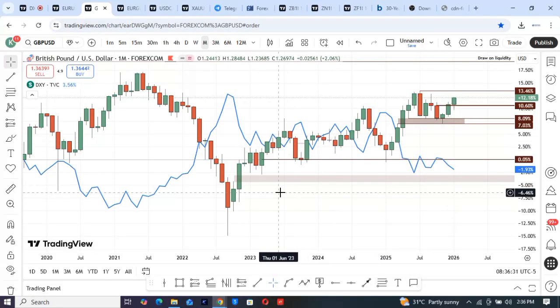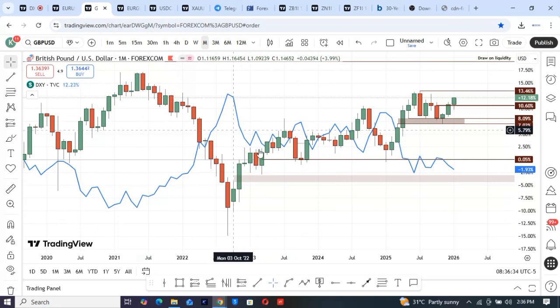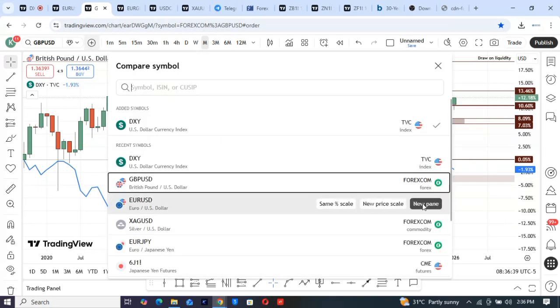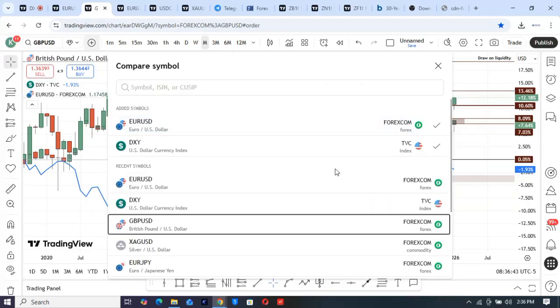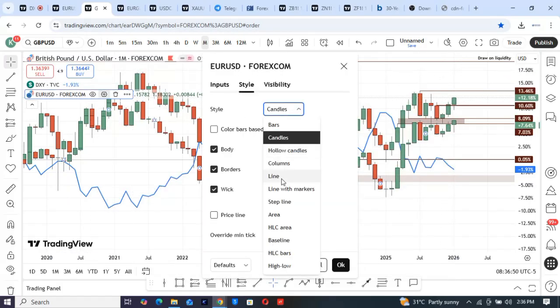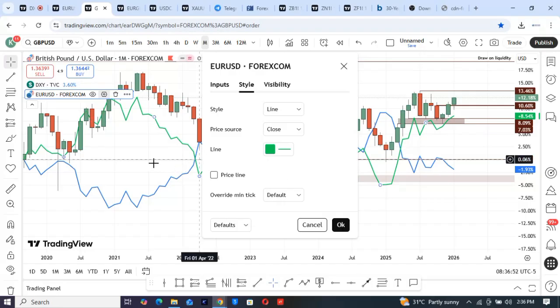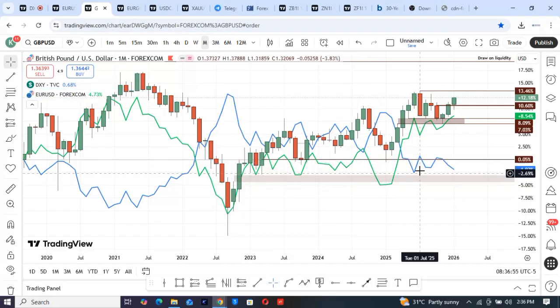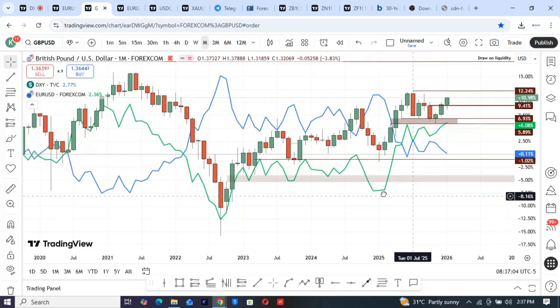The blue line is Dixie, on the same price scale. The green line is the euro.